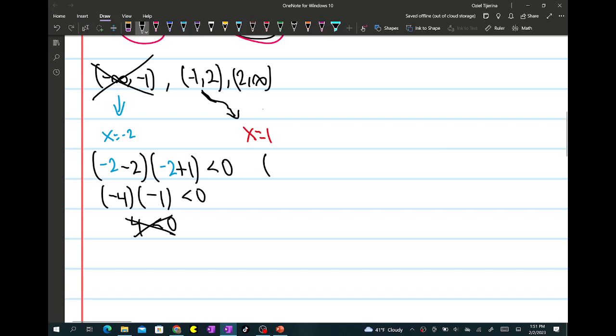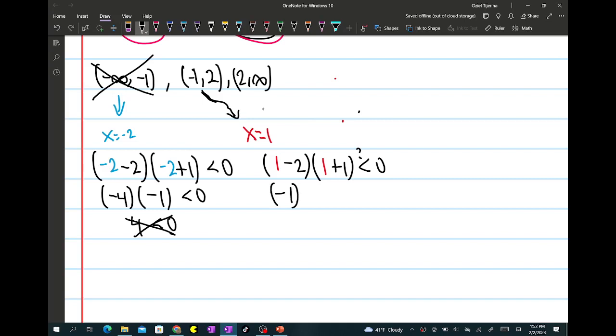So if I do that, I put 1 minus 2, and then times 1 plus 1, right? And then I'll say, is this less than 0? So if I have 1 minus 2, that's negative 1, right?